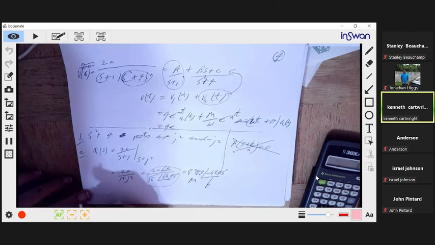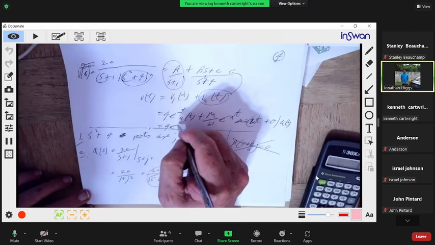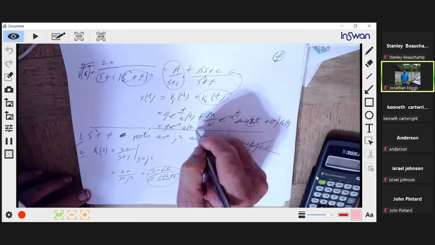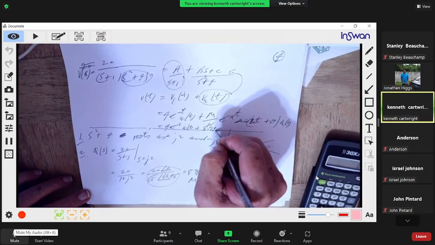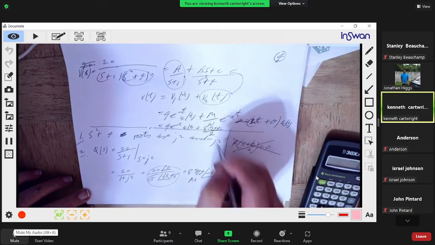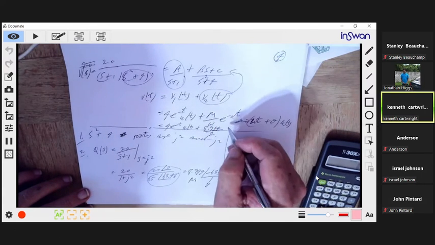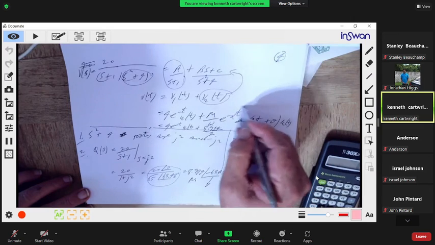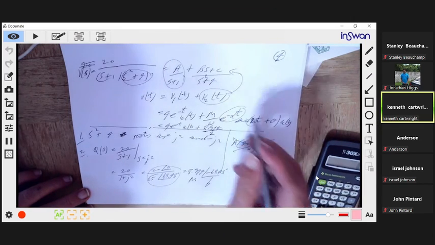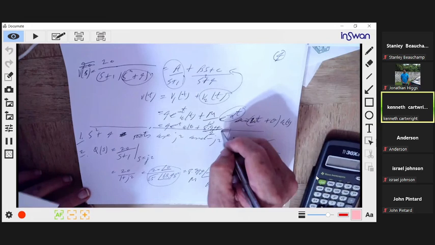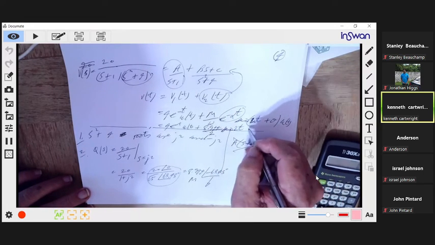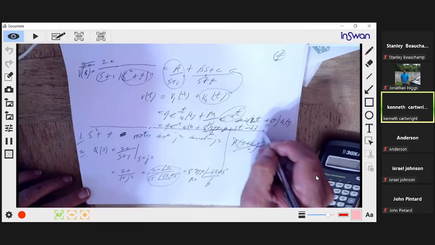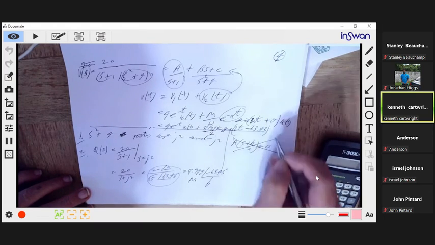So M is what? 8.944 divided by omega. Omega is 2. Alpha is 0. So this part becomes 1. E to the minus 0 is 1. Sine of 2t plus theta. And theta is negative 63.43.